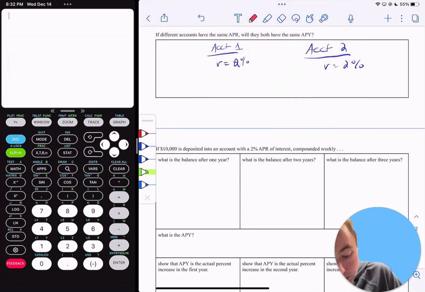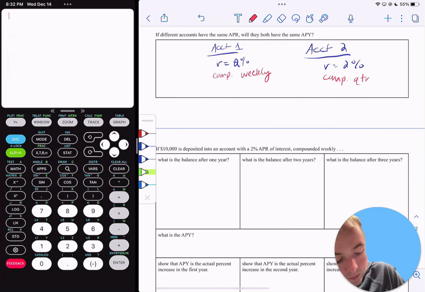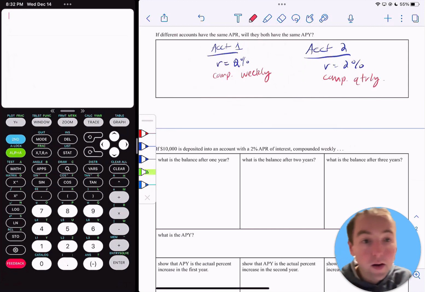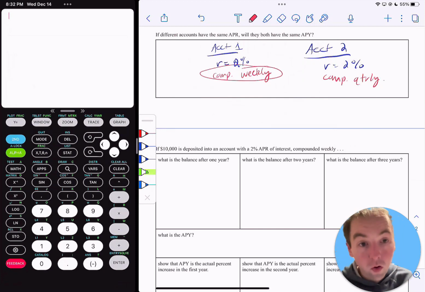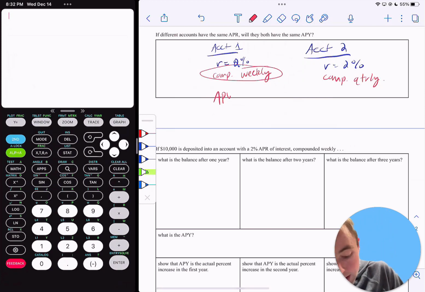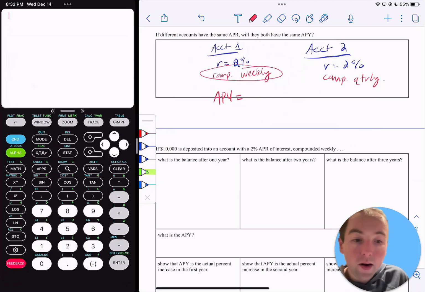So if there was a difference in how the interest was earned, maybe they both are compound interest accounts, but if one compounds weekly and the other compounds quarterly, then the compounding is going to affect the actual yield. Since this one compounds more frequently, because weekly happens more often than quarterly, this APY is going to be higher.